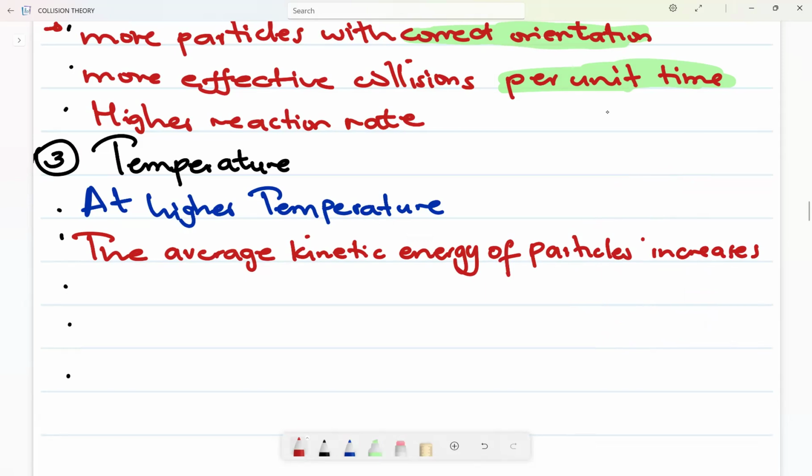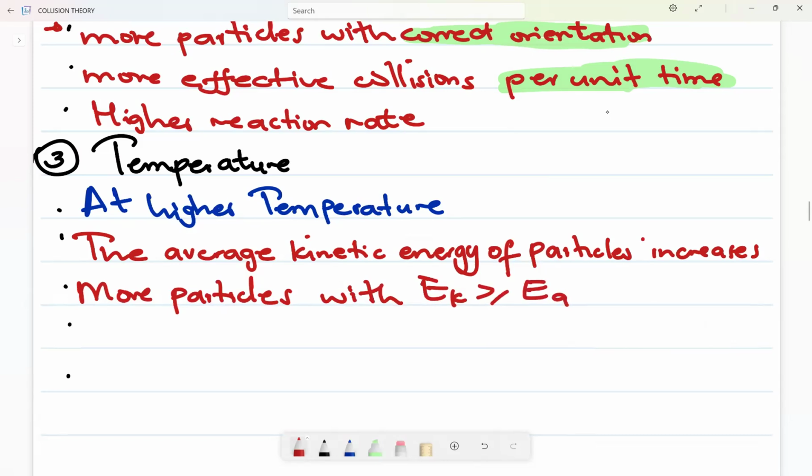But if they move faster, what will happen? Can you see we are having more kinetic energy? So there will be more particles with kinetic energy that is greater or equal to the activation energy. Can you see now we have something for effective collision? So it means the effective collision occurs.